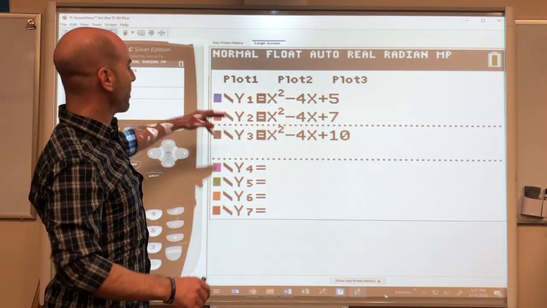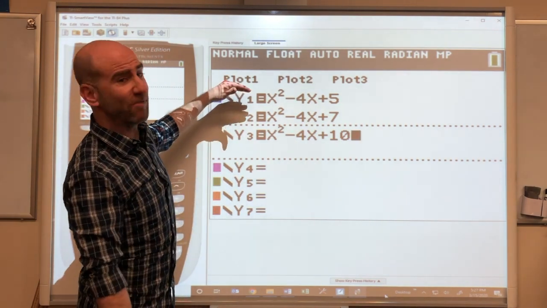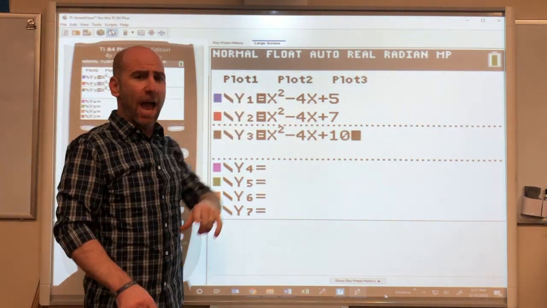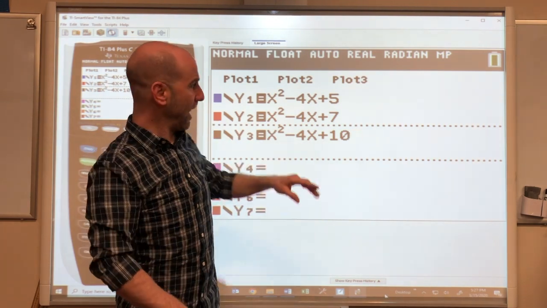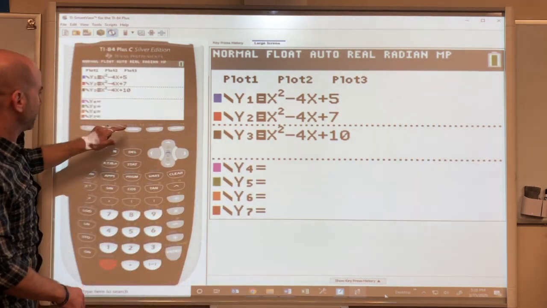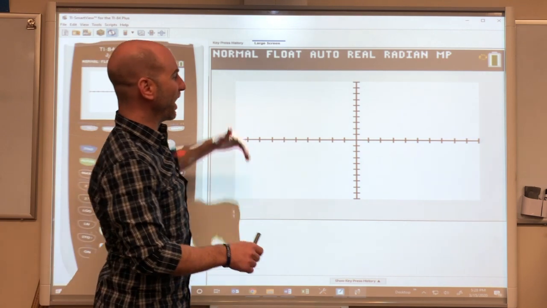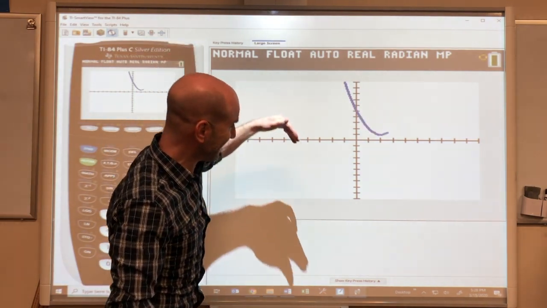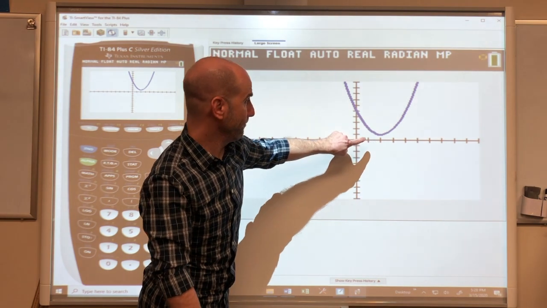Okay, I've got the 3 functions in, so the calculator will graph y1 first. I want you to watch how close it is to having a root, and then how much further away these others become. So zoom 6. Again, we're looking for it to cross the x-axis. Close. That was a negative 4 discriminant.